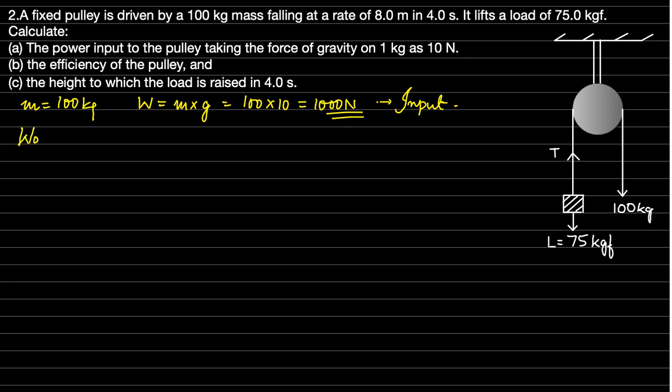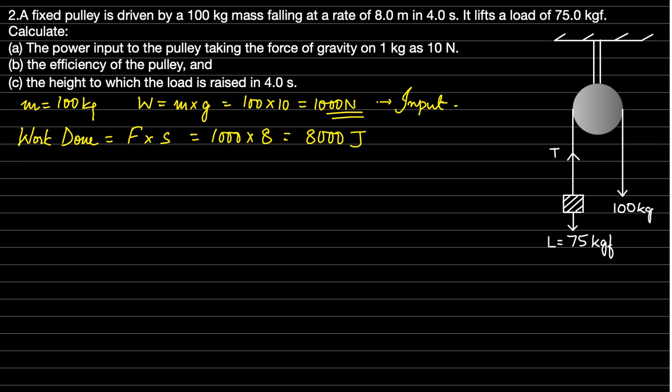So work done is force into displacement. Now force is given as 1000 newtons, as we can see here. 100 kg we converted it and we got it as 1000 newtons, into displacement is given as 8 meters. So we get this as 8000, and since this is work done, it's going to be in joules.